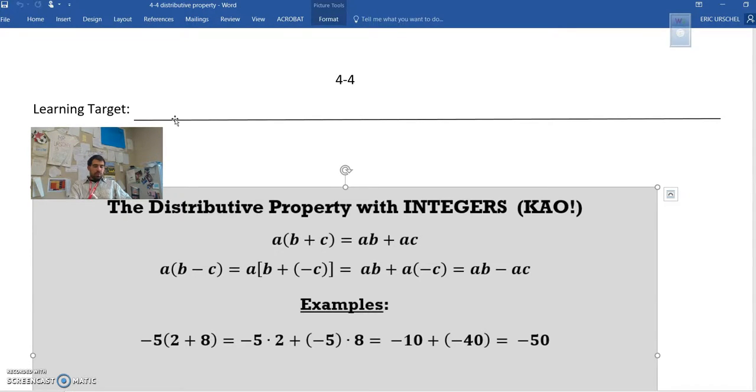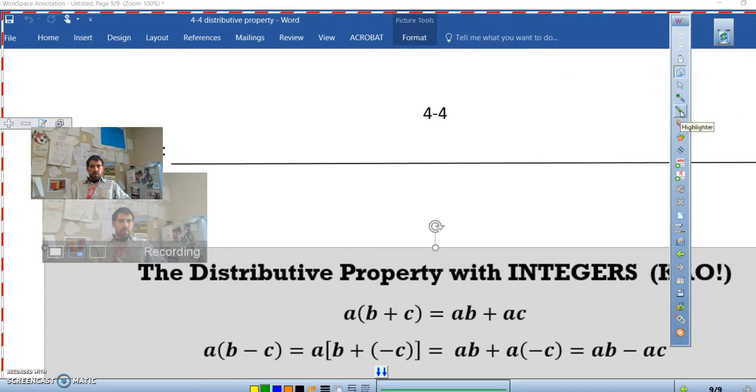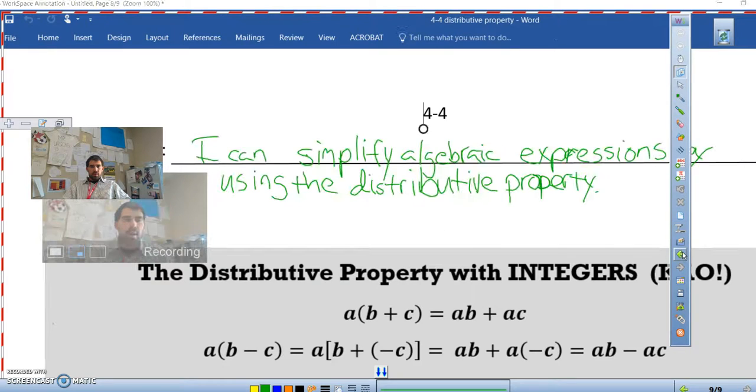So that's our learning target on this lesson: how can we simplify expressions by using our distributive property. And the distributive property is going to be very important to you guys. I can simplify algebraic expressions by using the distributive property.